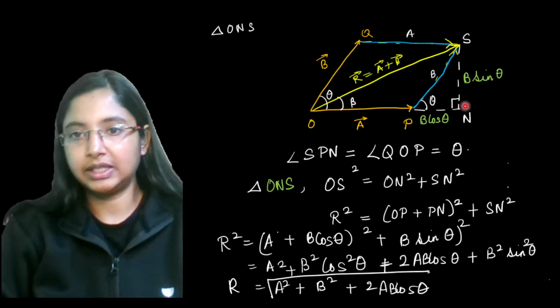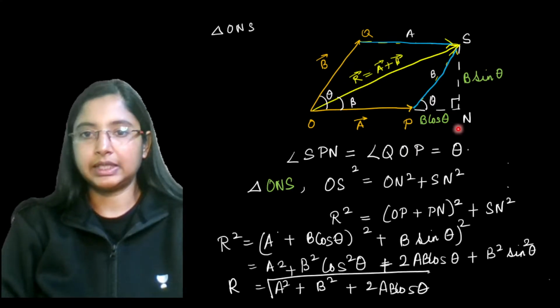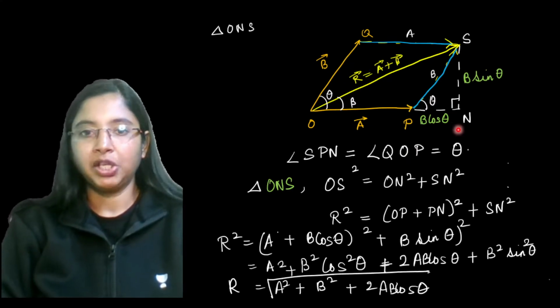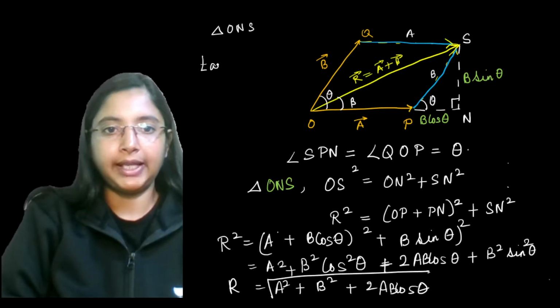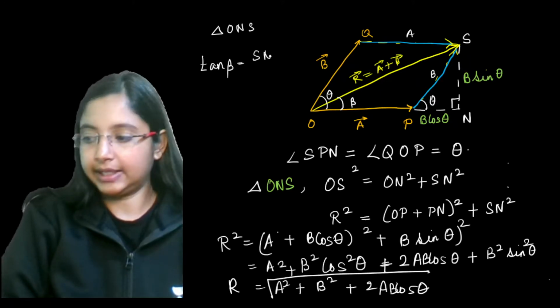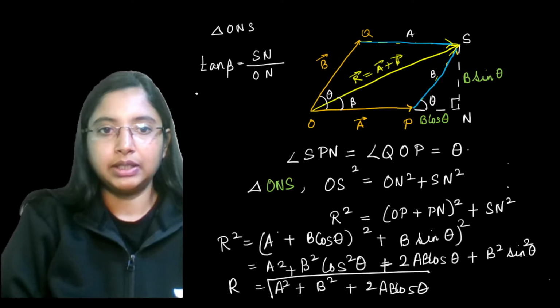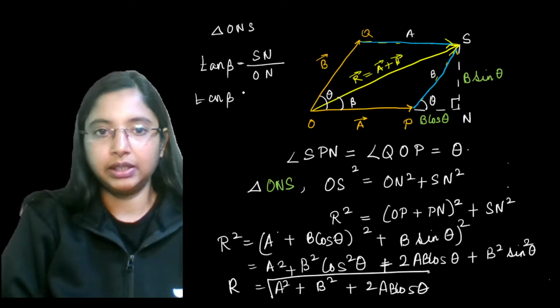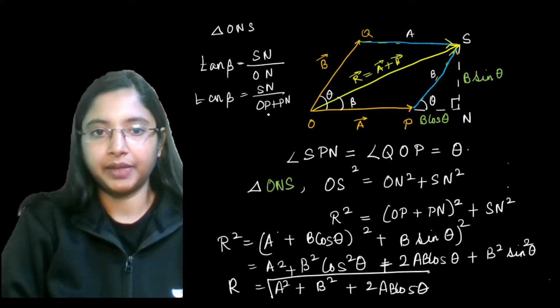Okay, so you want this side and this side into consideration. What would give you that particular side is that you can only use tan. Again, you can only use tan, right? So tan beta will give you perpendicular, that is SN, by base. Base is ON. This ON over here is nothing but OP plus PN, right?